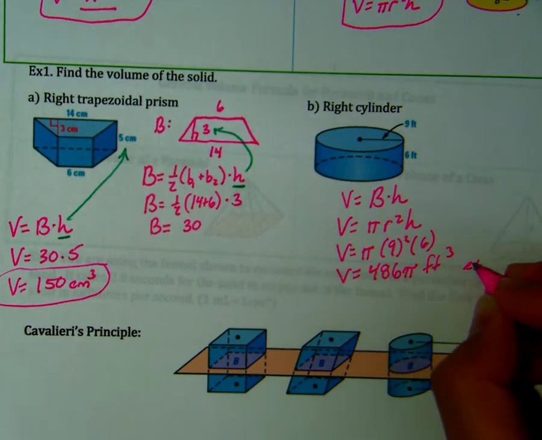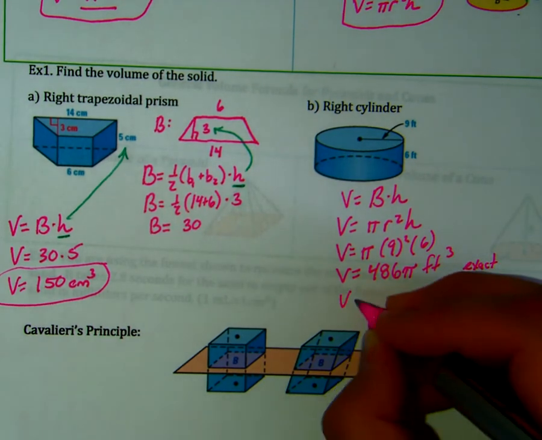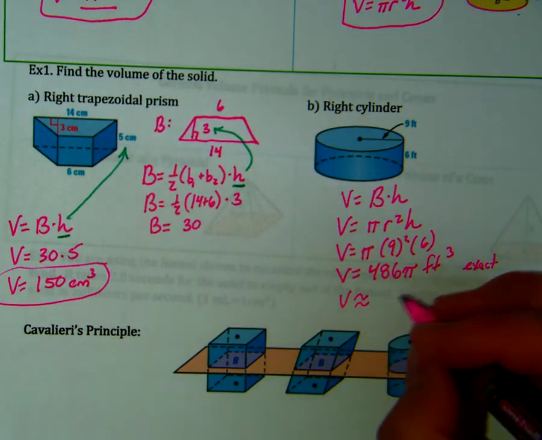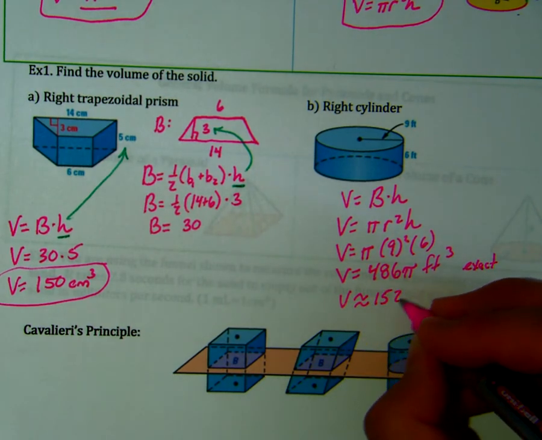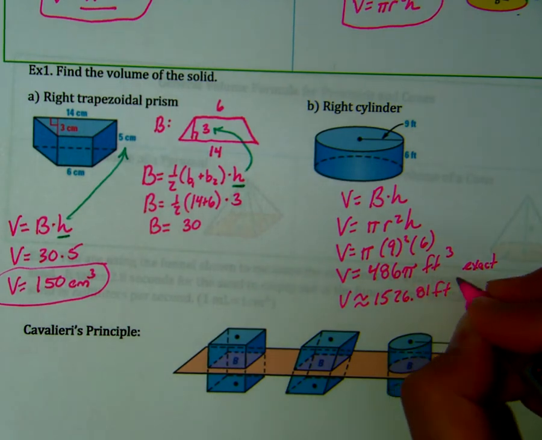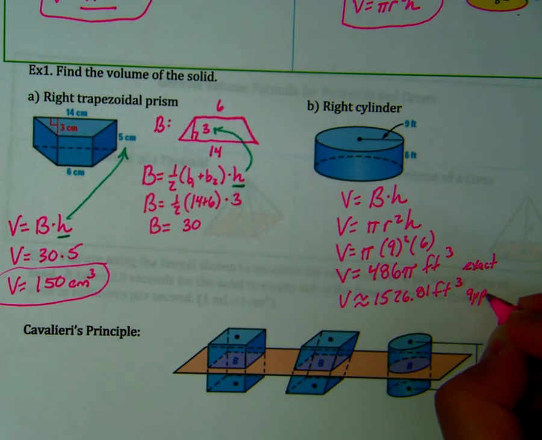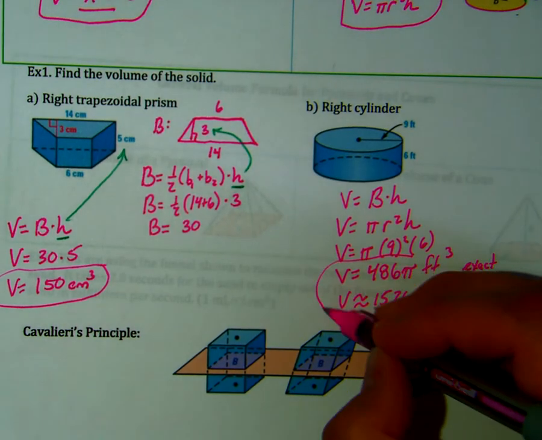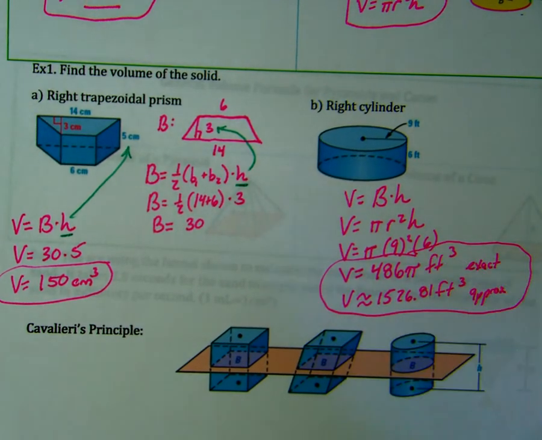So this is your exact answer. If you wanted the approximate answer, you just plug that in and get a decimal. This is 1526.81. So depending on what the situation calls for, either an exact answer or an approximate answer.